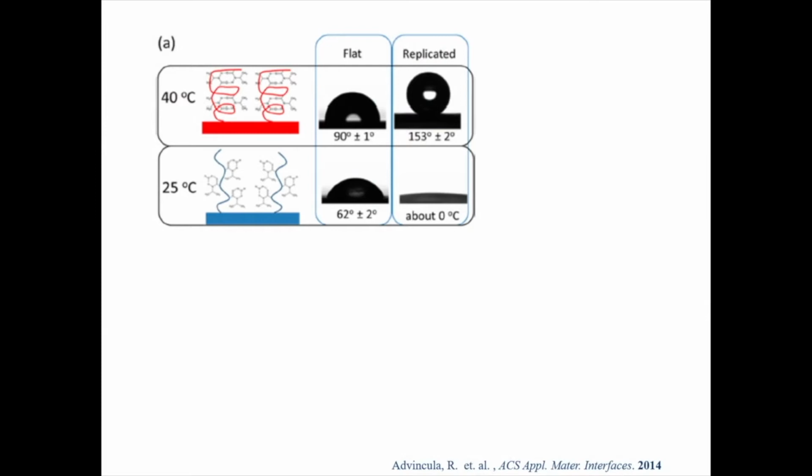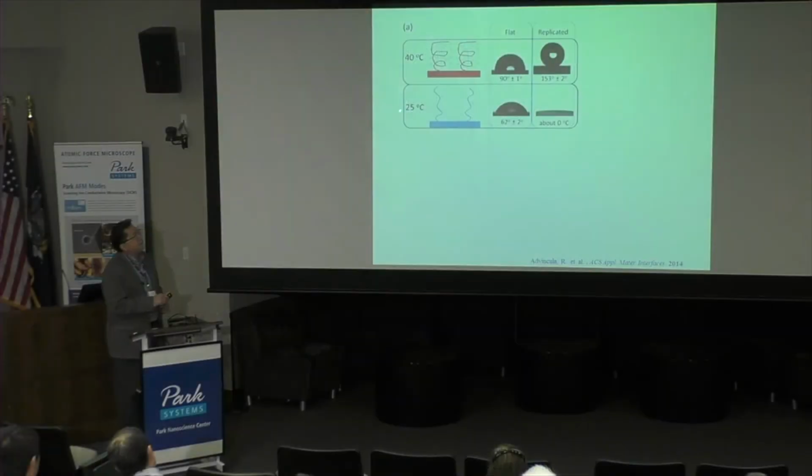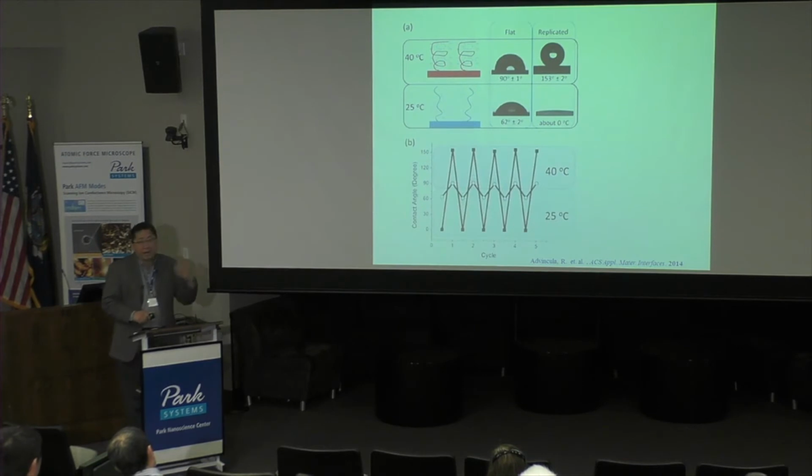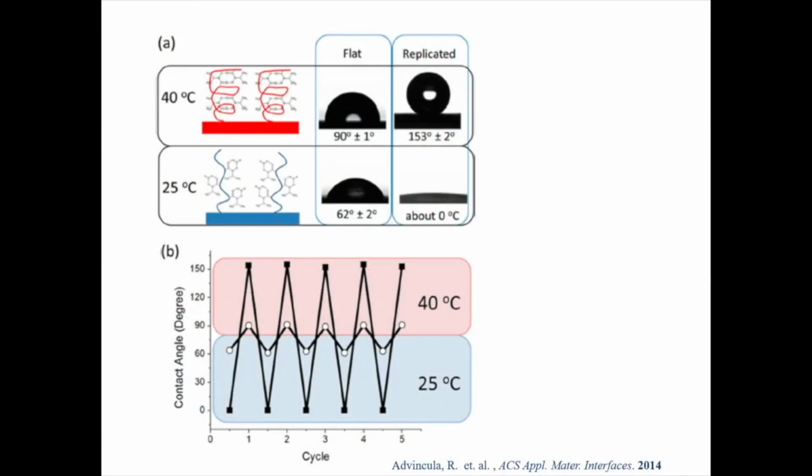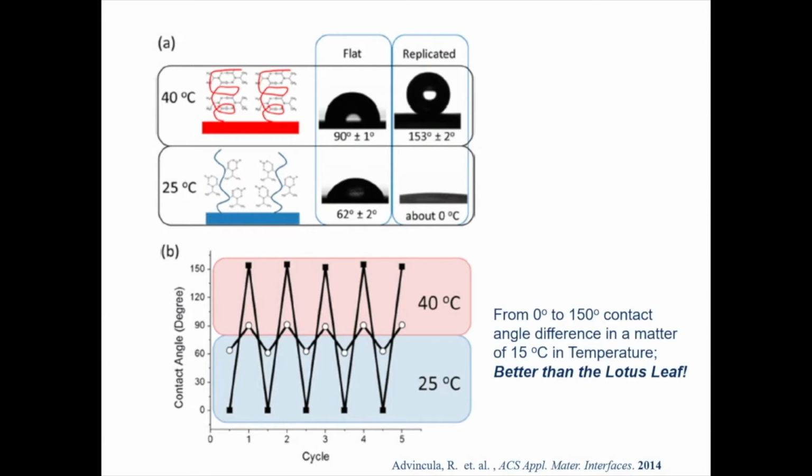I mean, you don't see a contact angle. Completely wetting. And in a matter of 15 degrees Celsius, you shift it from super wetting to super hydrophobic. 150 degrees change. Moreover, you can do this back and forth, okay? So this type of lotus leaf is a fake lotus leaf, but also a smart lotus leaf, okay?